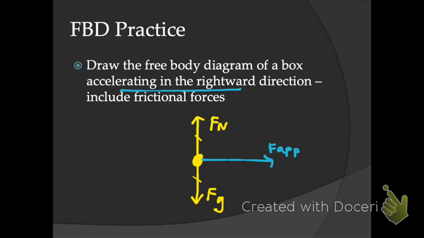Or do I want it to be greater than or less than? Less. Good. I want it to be less than, because I don't want my object to be moving at constant velocity in the horizontal direction. I want it to be accelerating to the right, which means my rightward force needs to be greater than my frictional force. Does that make sense? Okay, so this diagram is correct right here.